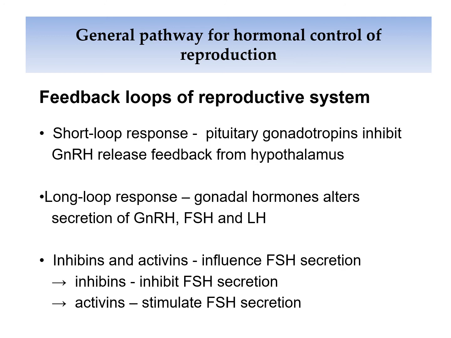And besides the gonadal hormones and the pituitary hormones that can produce the short and long loop responses, the FSH secretion also induces the expression of inhibins and activins. These inhibins and activins are proteins that ultimately also inhibit the secretion of FSH. So it goes back to the anterior pituitary and says, hey, stop or increase its secretion.